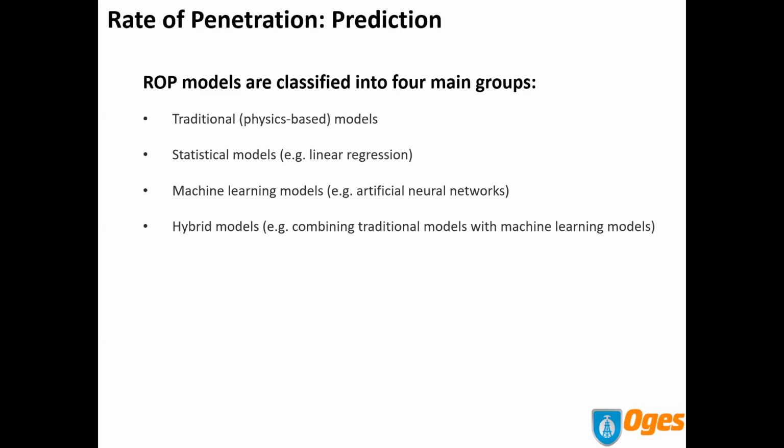The main similarity between the traditional models, which is out of scope of this tutorial really, and statistical models is the necessity of pre-selecting a model for ROP as a function of drilling variables. So the main difference is that a statistical model does not normally attempt to represent the physics of the drill bit mechanism and the interaction between the rock formation and the bit, as the traditional models do.